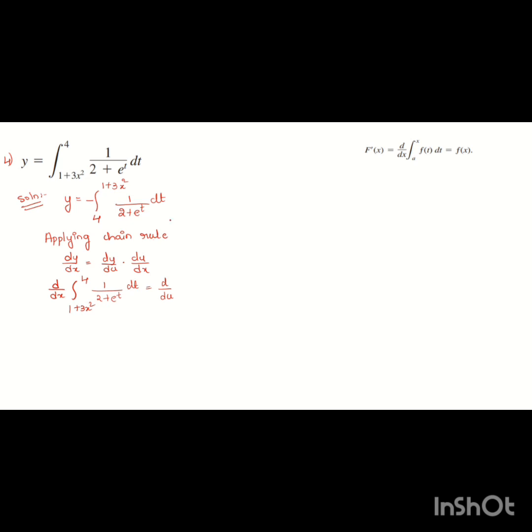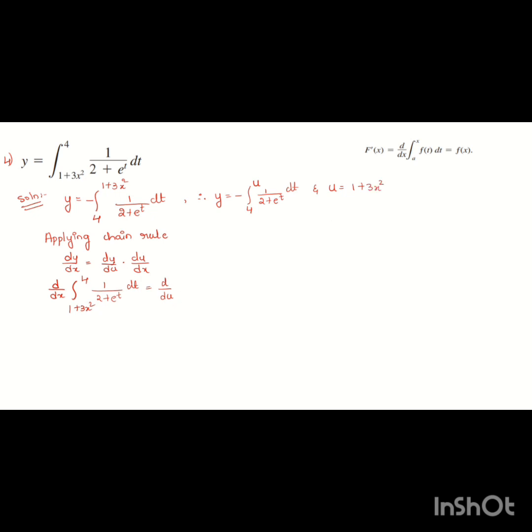Since you want y in terms of u, y will be equal to minus the integral from 4 to u, considering the value of x as u, of 1 over 2 plus e power t dt, and u equals 1 plus 3x square.